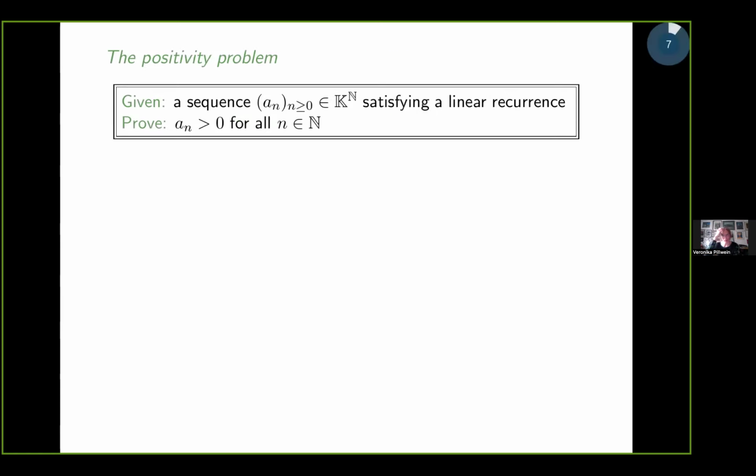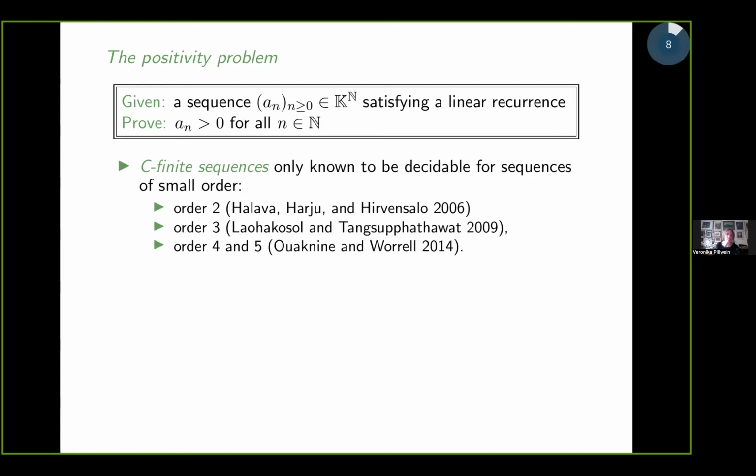Okay. So, I was about to say, deciding positivity is a difficult problem in general. If I restrict the input class to C-finite or C-recursive sequences only, then even there, this positivity problem is known to be decidable only for sequences of small order.